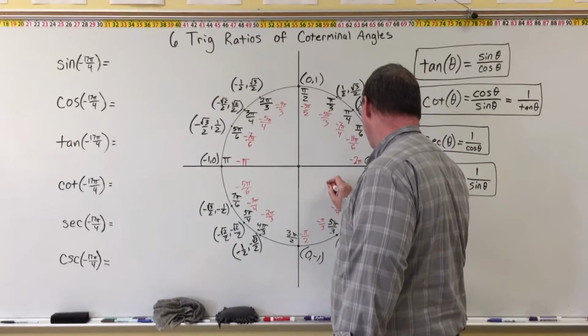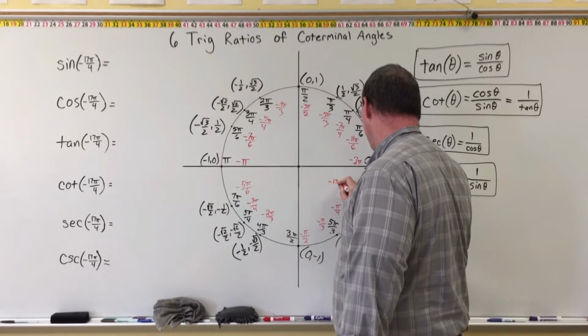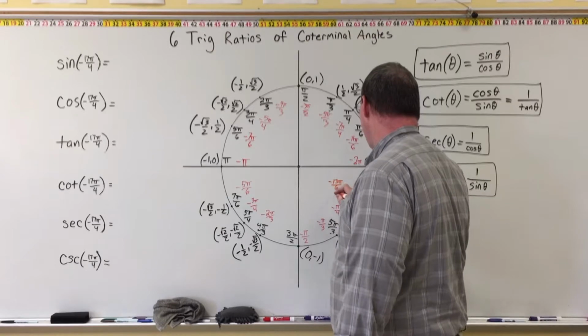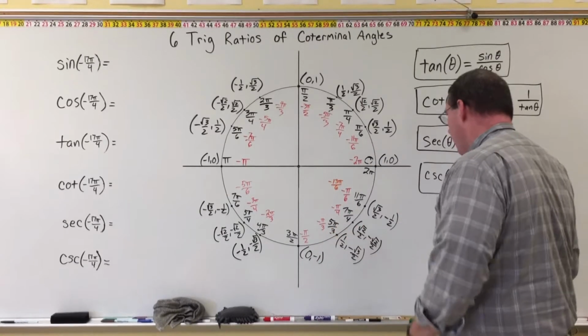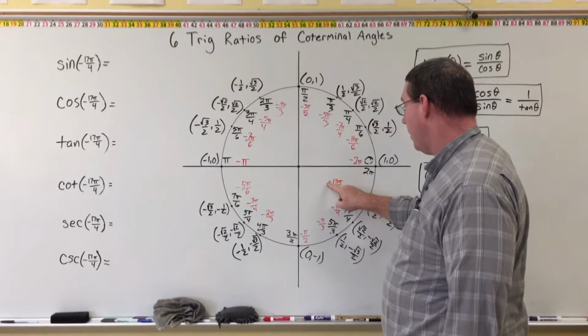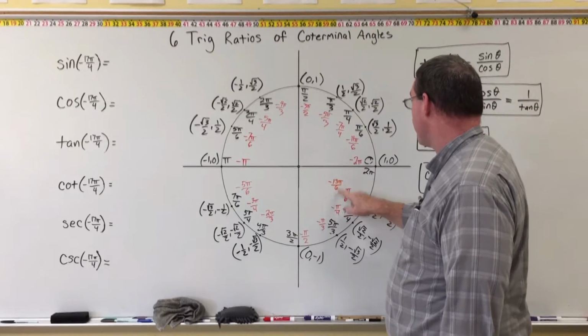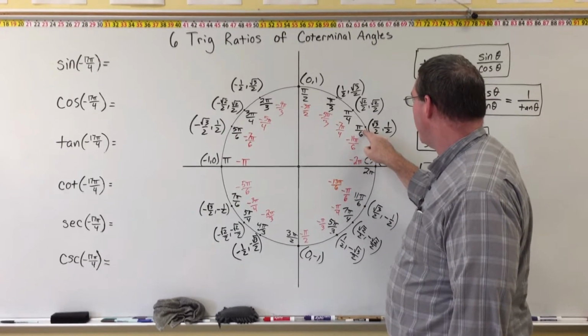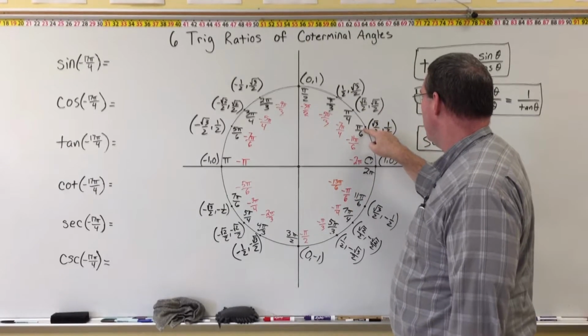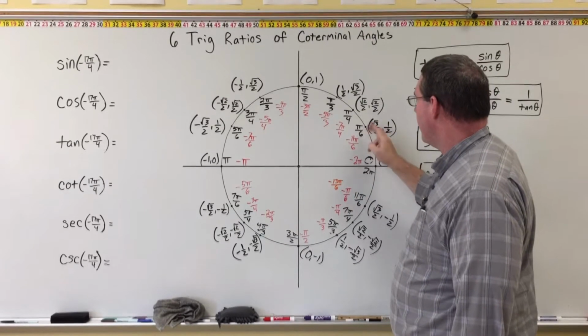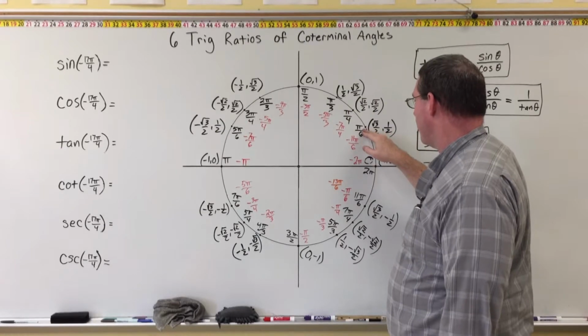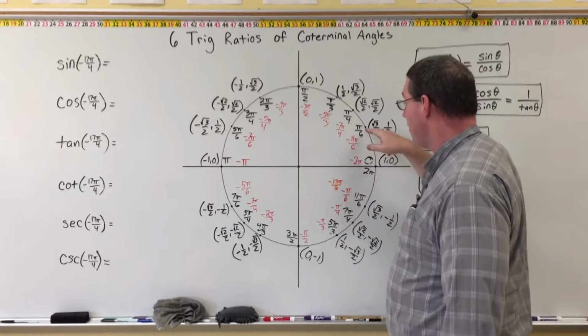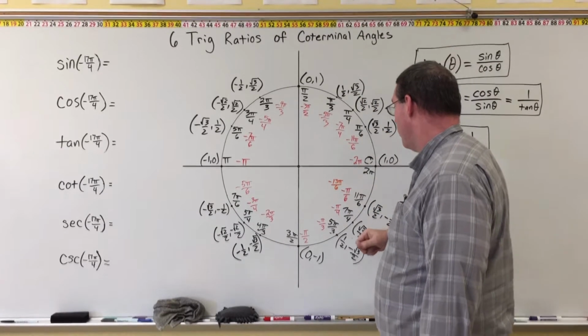Now, I'm not going to go through all of them, but I want to show you something. Wasn't 13 pi over 6 the angle measure that we had, not negative, but positive, 13 pi over 6? Isn't that the angle measure that we had up here for our second rotation around on the unit circle? So pi over 6 then came around to 13 pi over 6. It would then come around to 25 pi over 6, etc. Okay?